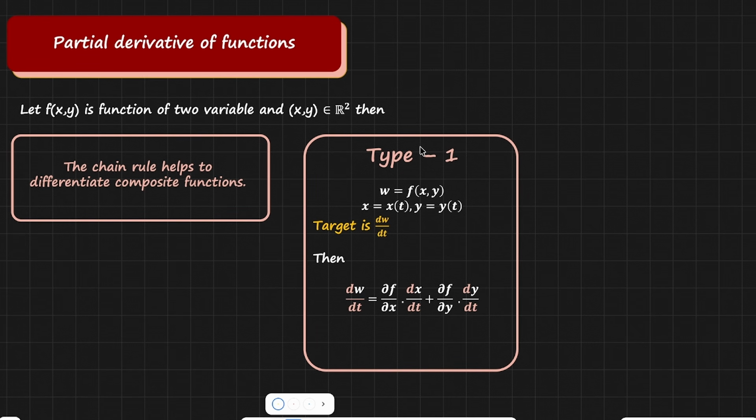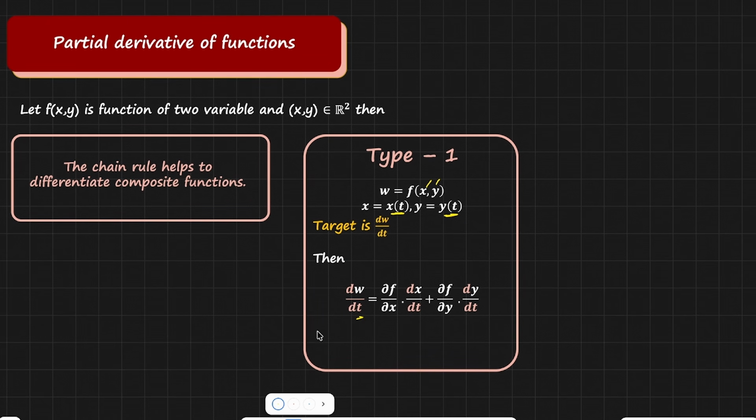Type 1: let's say w is equal to f of (x, y), x is depending on t, y is depending on t. Then what will happen? What is the formula to find dw by dt? This is called the chain rule.